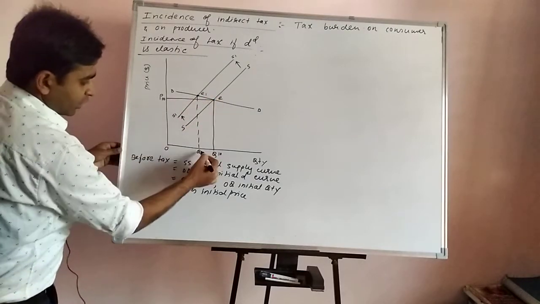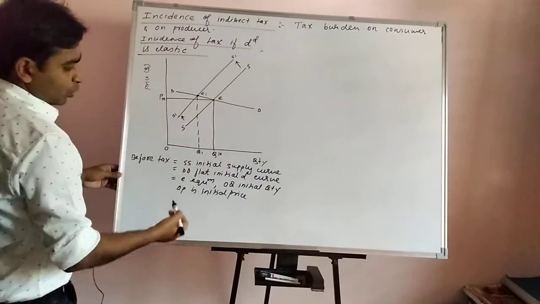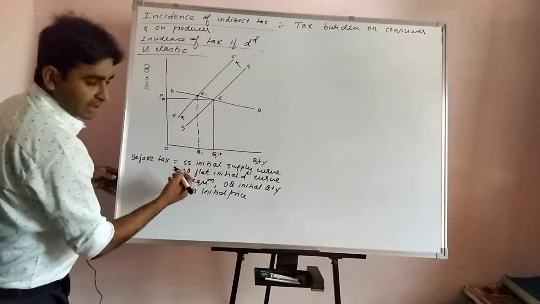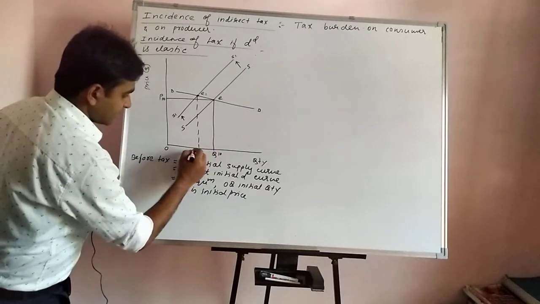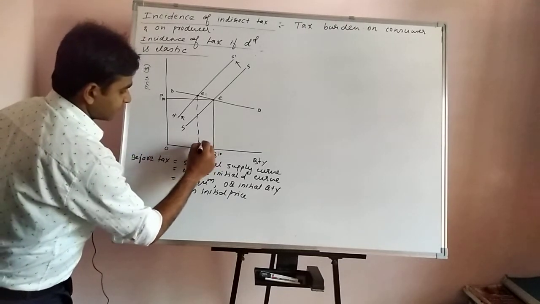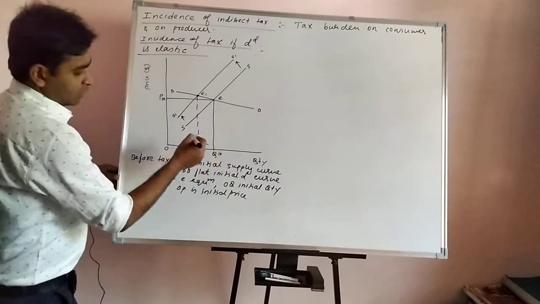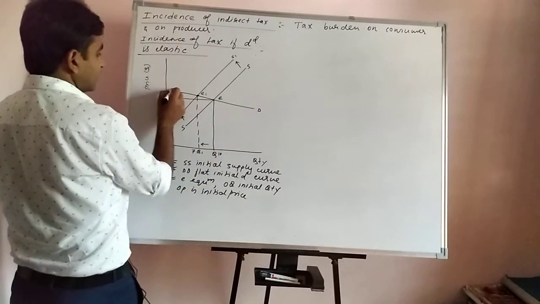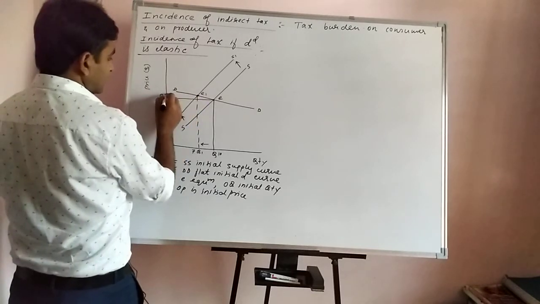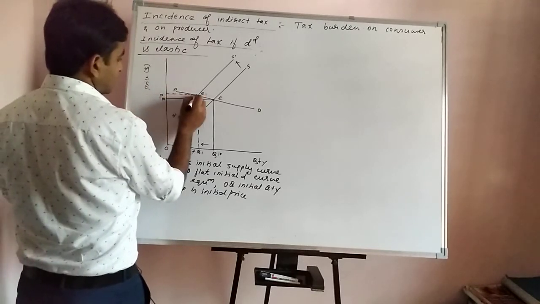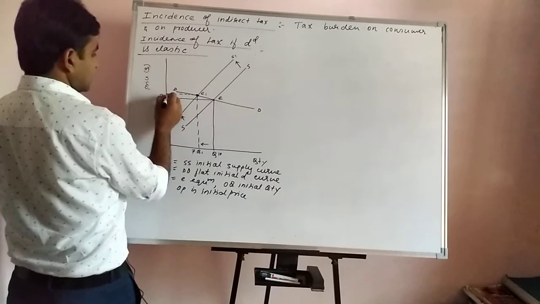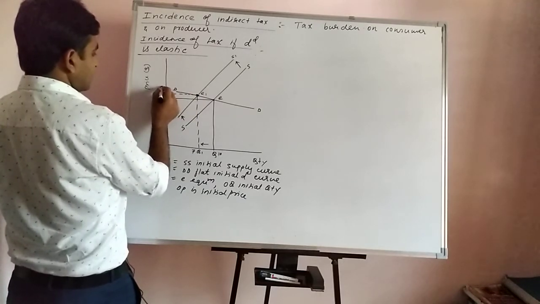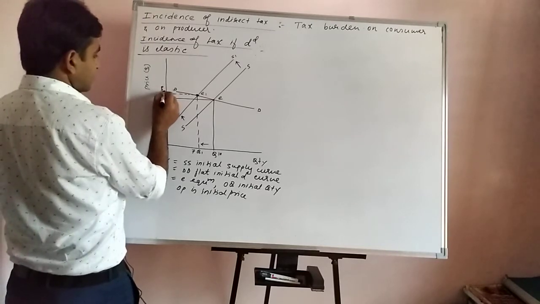At E1 we got a new quantity 0Q1, say 7. So quantity has decreased, and the price has increased. We'll give here P1, say 11.